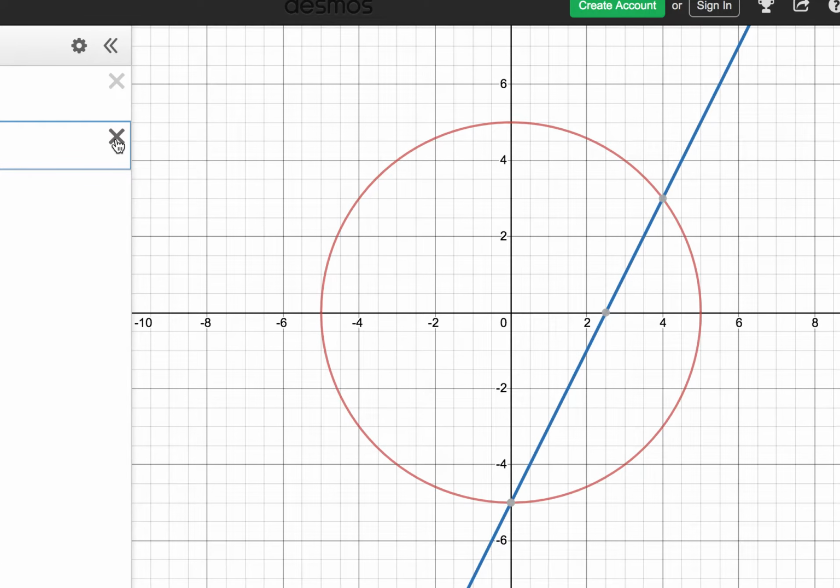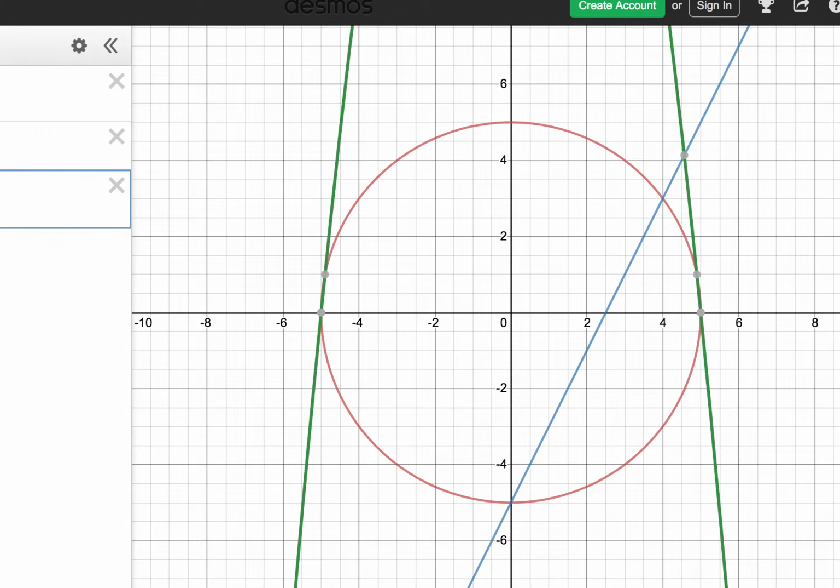Okay, so let's pretend for a second that you didn't have Desmos and you were doing this on your TI-84. What you would have to do is solve this top equation for y, and when you did that, you would have y equals the square root of 25 minus x squared.